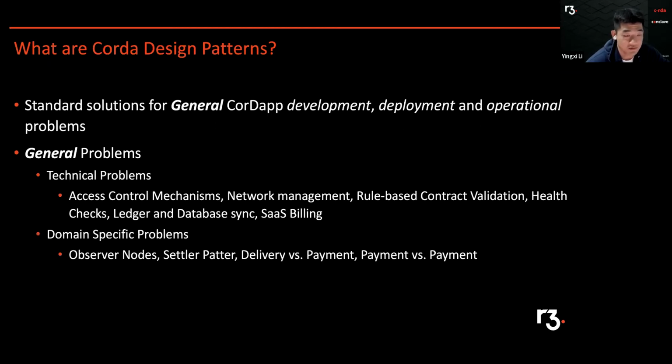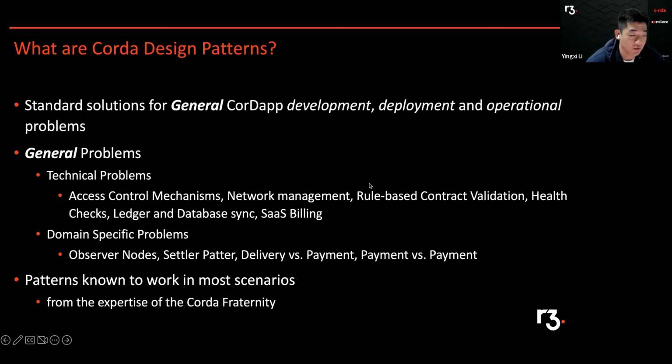General problems can be technical problems, like how to manage assets, access control, network management, rule-based contract validations, health checks, ledger database sync, and SaaS billing, or domain-specific problems like observer node, settler, delivery versus payment, payment versus payment, and last, patterns proven to work in most scenarios from our expertise.